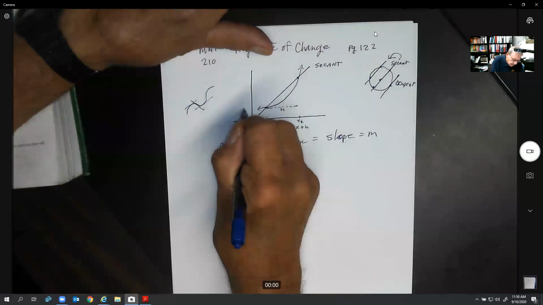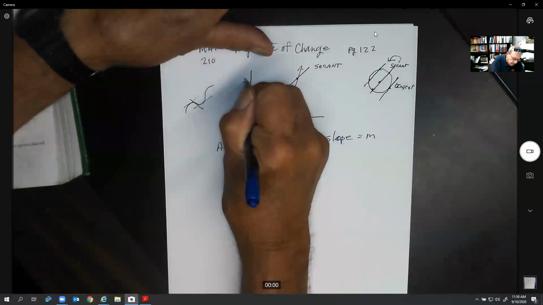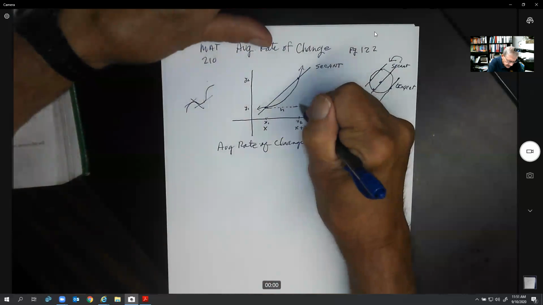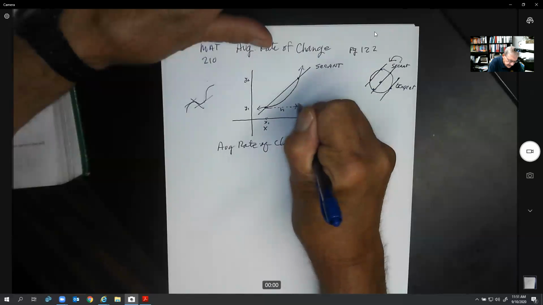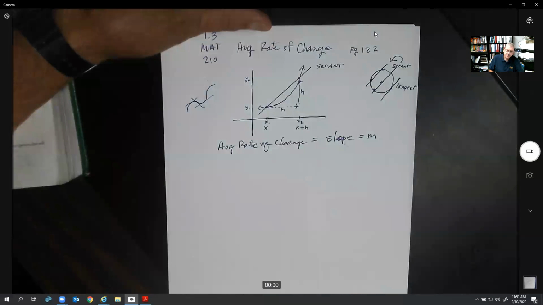Again, this would normally be y1, and this would probably be y2. And we're going to go up the same amount of distance. The distance here is going to be h also.